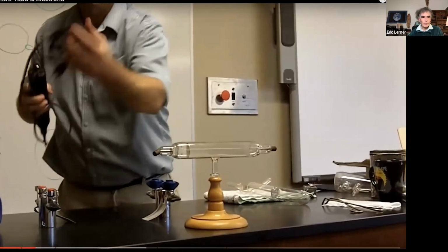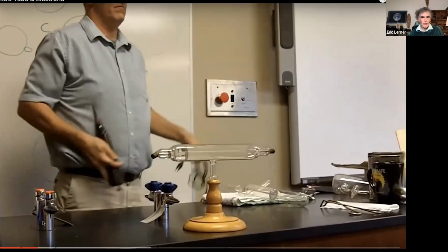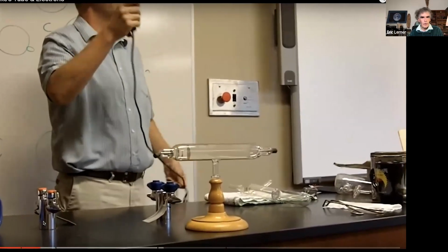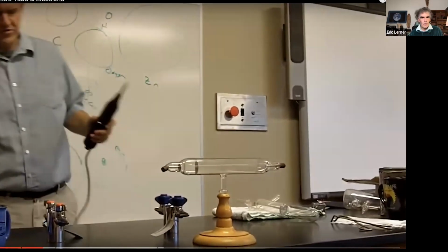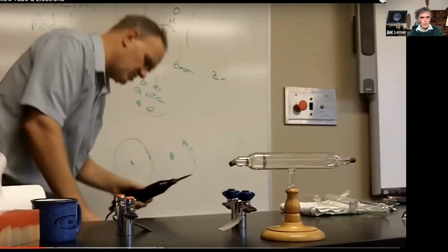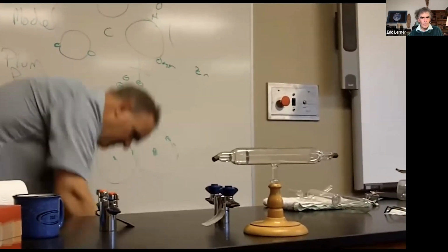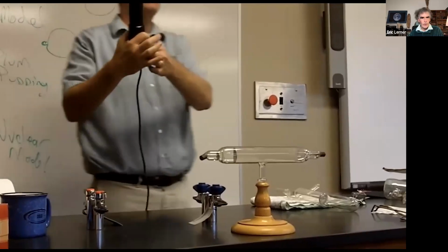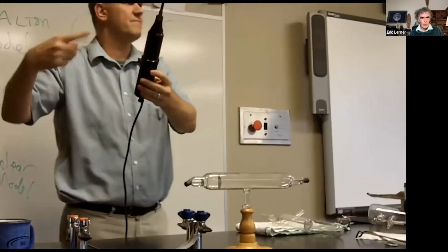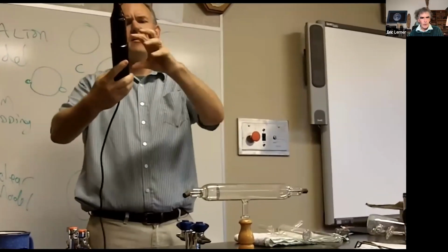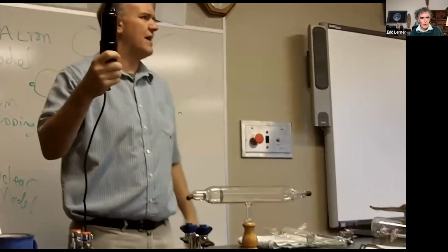This is a Tesla coil. Tesla coils generate lots of voltage. Right now there's a magnet inside of here that's spinning, and it's got some wires around that magnet.